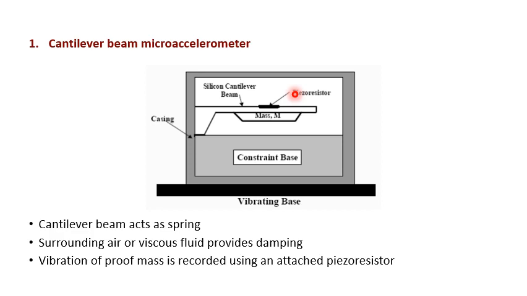On top of this silicon cantilever beam there is a piezoresistor which is implanted, and that is used to measure the deformation of the attached mass. By measuring that deformation, you can calculate the acceleration of the vibrating body to which this accelerometer is attached.